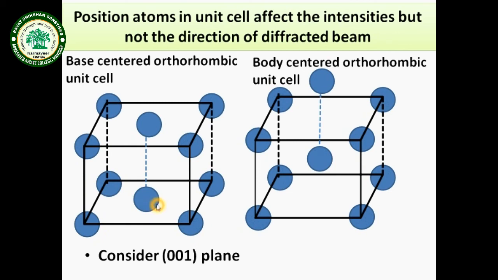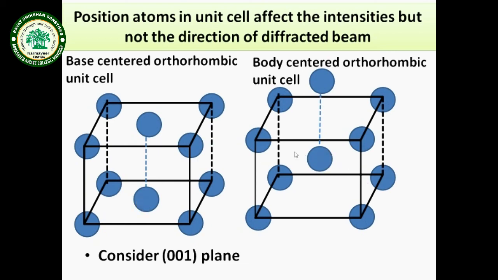As a result of that, if we consider the 0, 0, 1 plane, then let us see whether they are able to produce a diffraction pattern in both diagrams or not. In the second example, we have shifted our pair of atoms in such a way that this lower atom will go to the body-centered position.